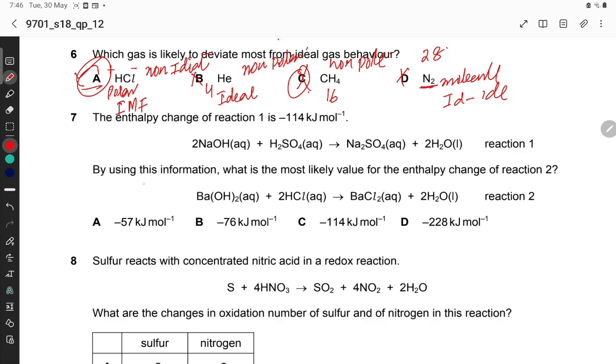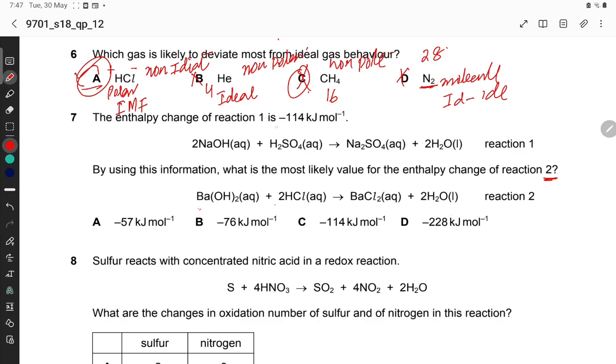This is reaction 1. By using this information, what is the most likely value for the enthalpy change of reaction 2? So this is barium hydroxide plus 2HCl to form BaCl2 plus 2 water, and this is reaction 2.